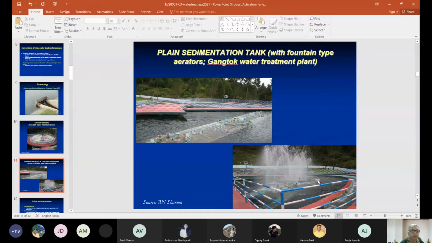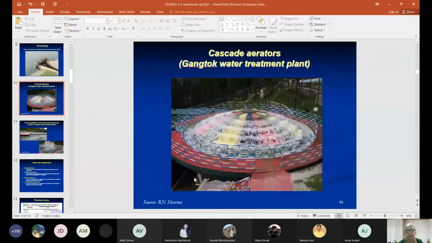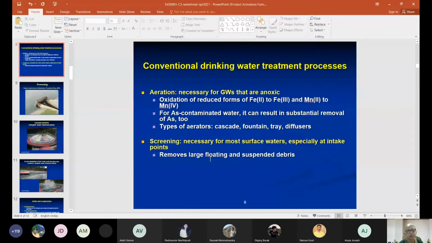So this is what is done in most cases. Very, very common method. And the finer the size of the droplets, the better the results. So these are aerators. I have shown you two, cascade and fountain aerators.